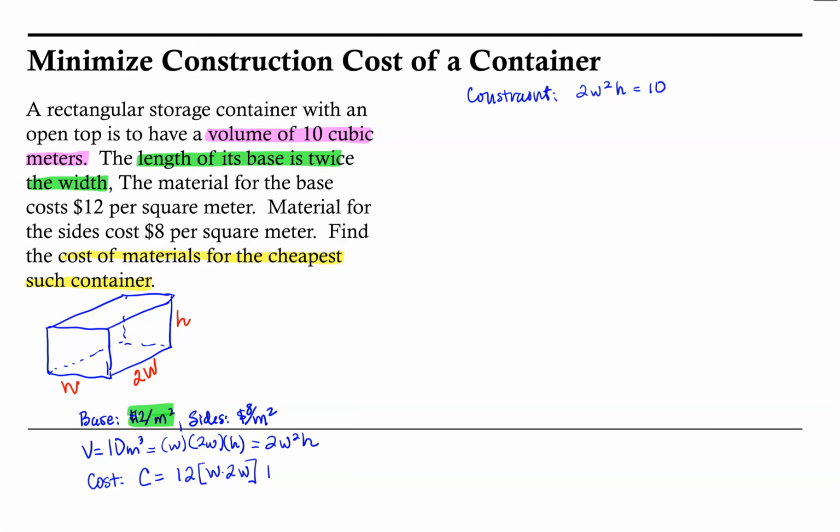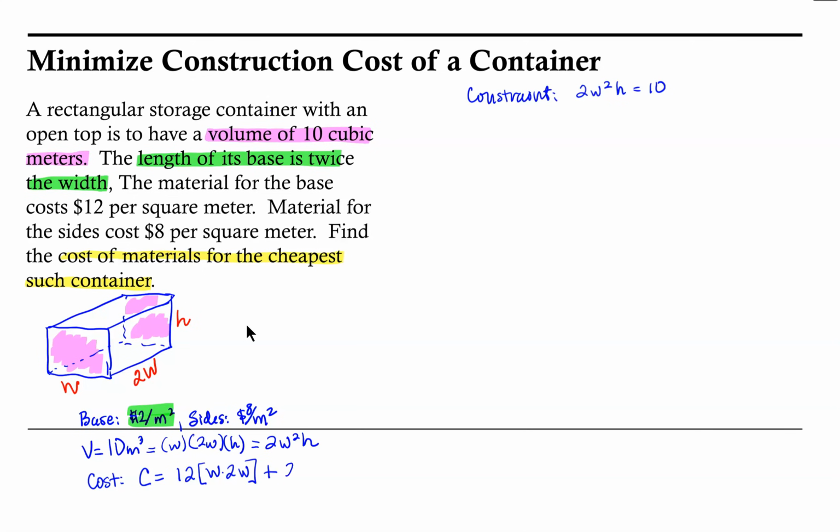Now, each of the sides will cost $8 per square meter. We will have 2 sides that are dimensionally W by H, this front side and this back side. There are 2 of those.